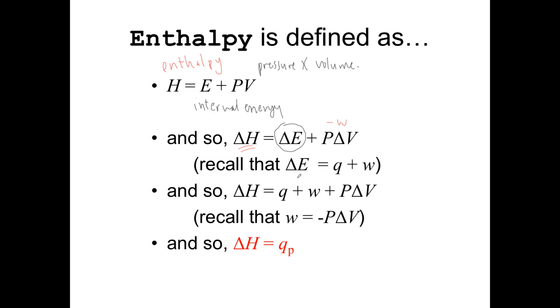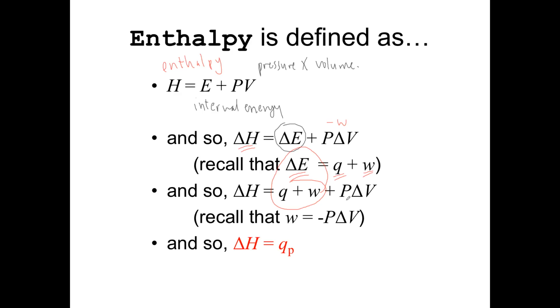Now, since the change in internal energy, say it out loud, is equal to the sum of the heat and the work, then we can just take that and replace it. So the change in enthalpy is Q, which is heat, plus work, plus P delta V. Well, P delta V is negative work, right?